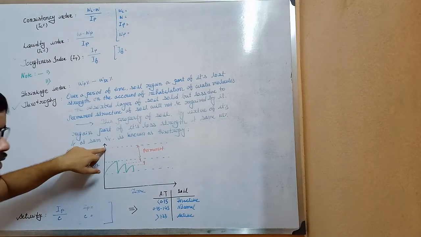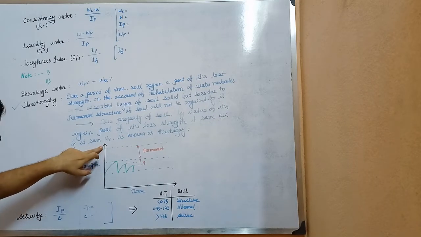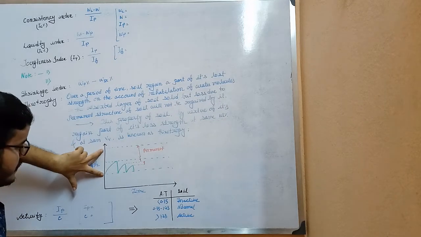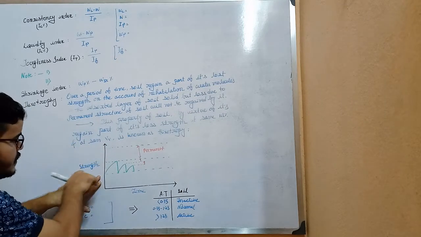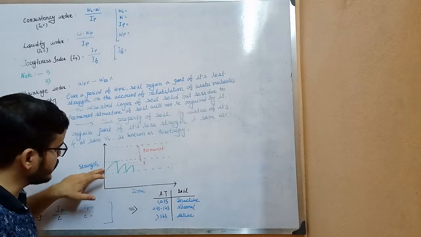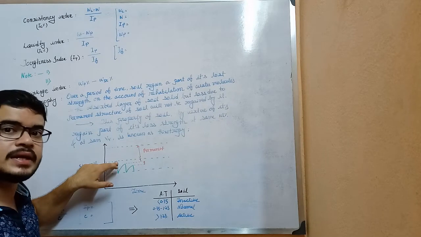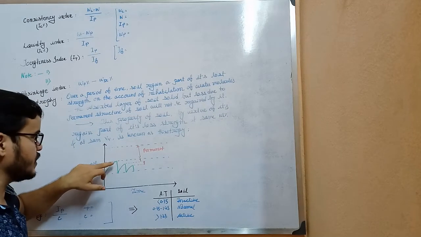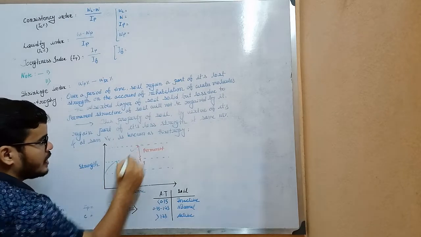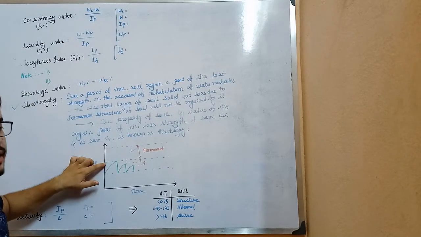So here soil is in the initial stage, then you apply some load and this is the strength level. This is a graph: you remove the load and soil will start regaining its previous strength.